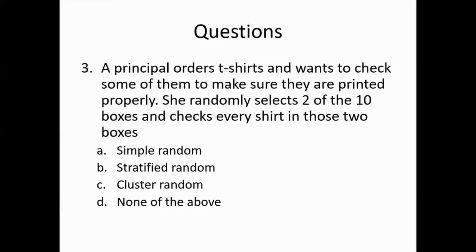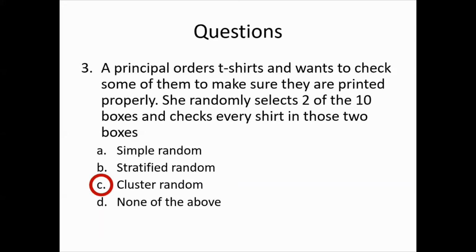Let's skip the screen one time. There we go. And I love that you were really thinking about this. Because remember, the t-shirts that were ordered, she's randomly selecting 2 of the 10 boxes. And then her checking every t-shirt gave it away.